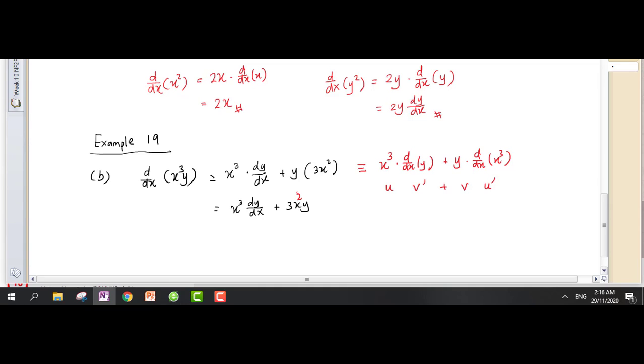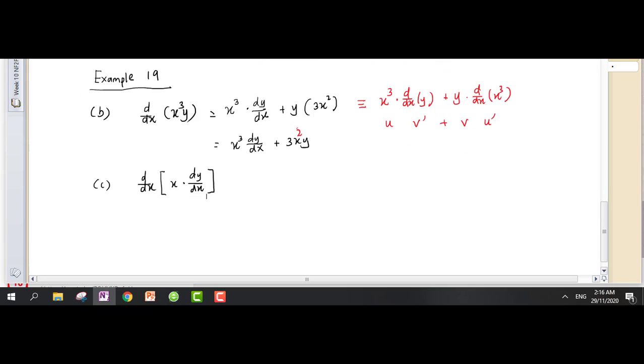Let us look at question C. How about when you are given the derivative of x times dy/dx? It's a product again, but this time it involves the first derivative.